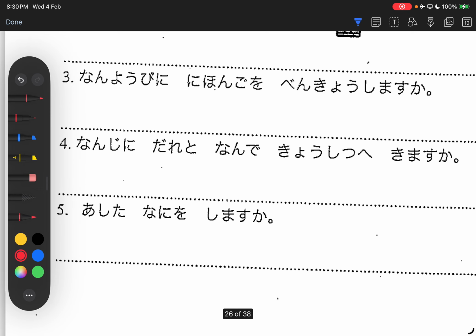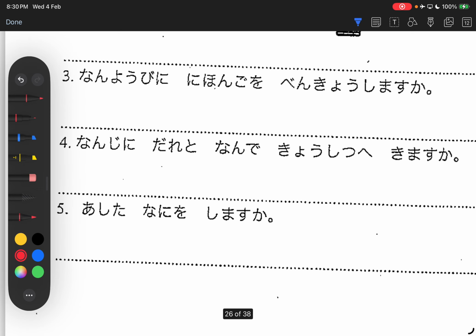4. 何時に誰と何で教室へ来ますか？3 questions. 9時に友達とバス来ます。Bus what? There. Why did you remove my particle just now? Oh. Alright, keep the particle there.